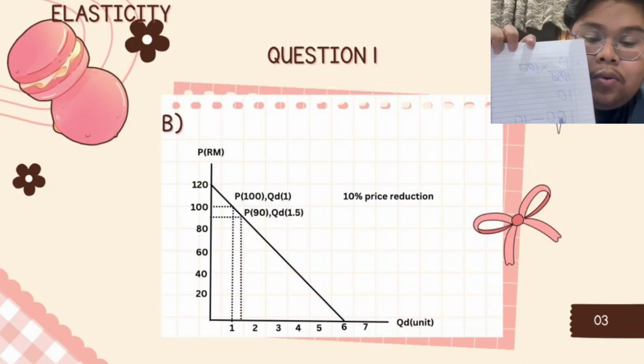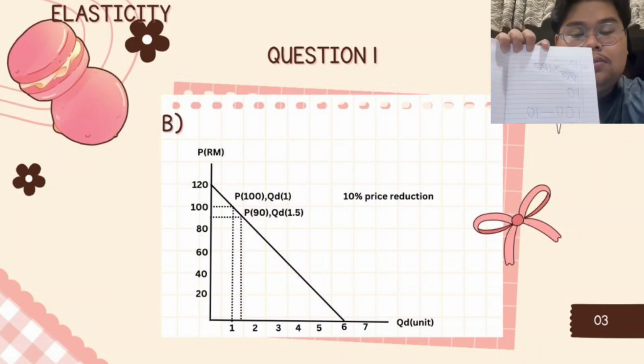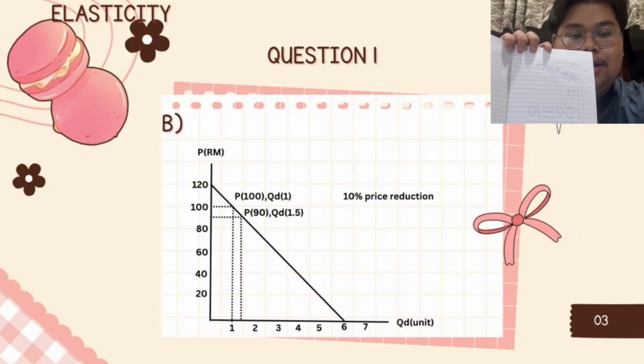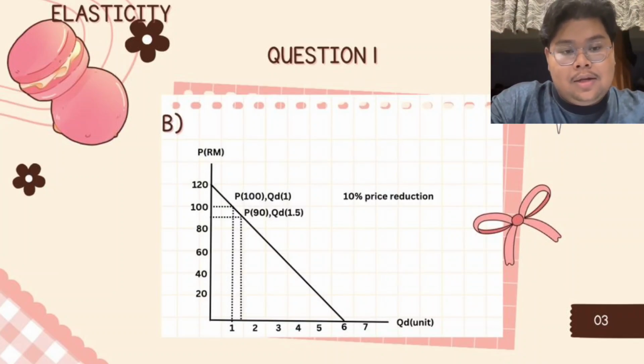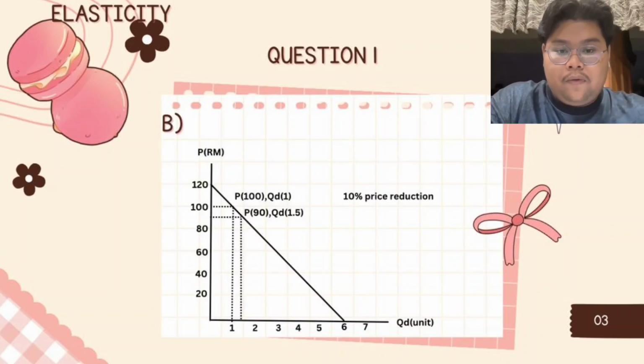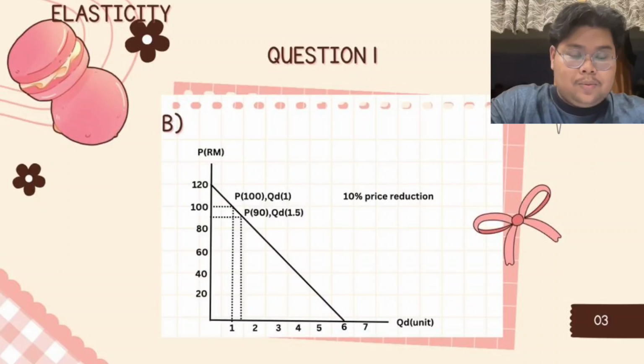Then we take the price 1, 100, minus 10 and we will get 90. Like I wrote in this slide, price 2 is 90 and the new quantity demanded is 1.5. So that's how to calculate the price reduction.